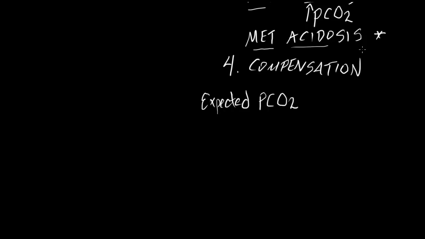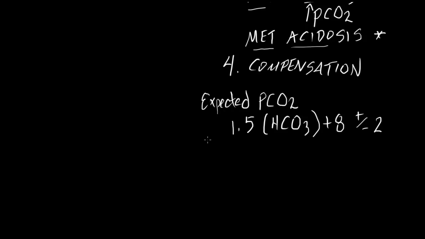Each acid-base disturbance has a separate formula in terms of compensation. This is the Winter's formula, so our expected PCO2 is 1.5 times the patient's bicarb plus 8, plus or minus 2. These formulas are not necessarily needed to be memorized.